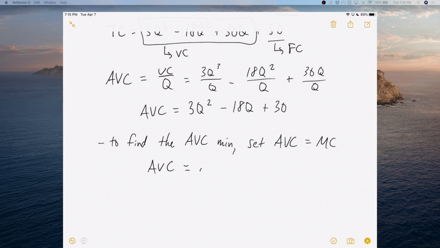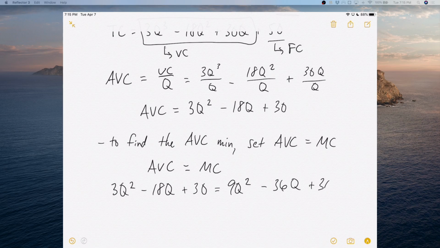We just found AVC, it's 3Q squared minus 18Q plus 30, and we're given marginal cost above, which was 9Q squared minus 36Q plus 30.